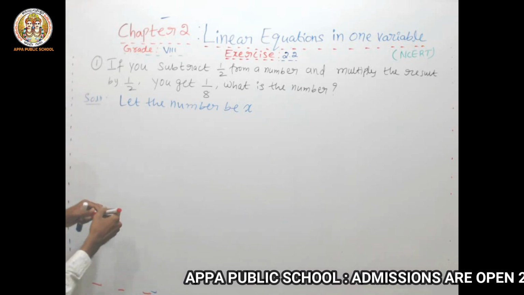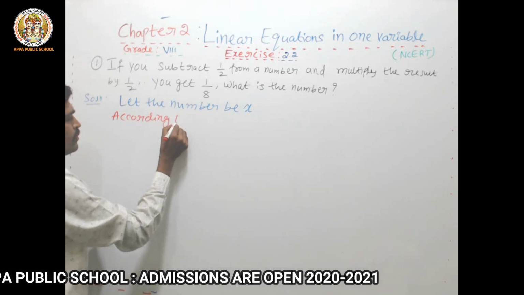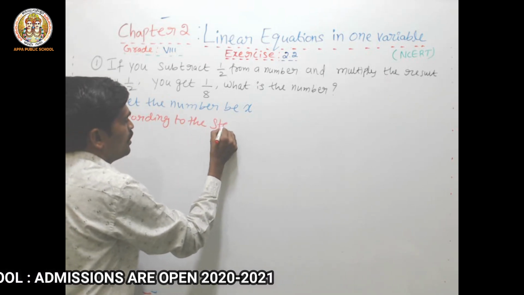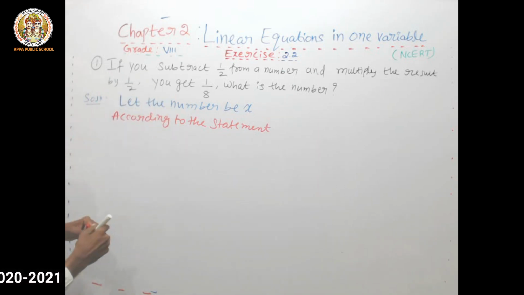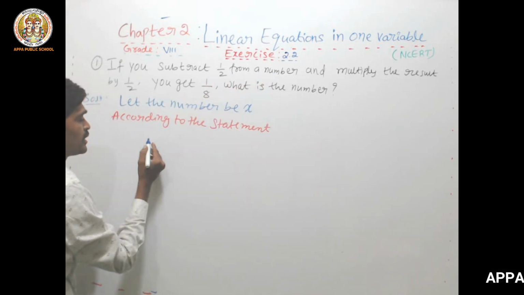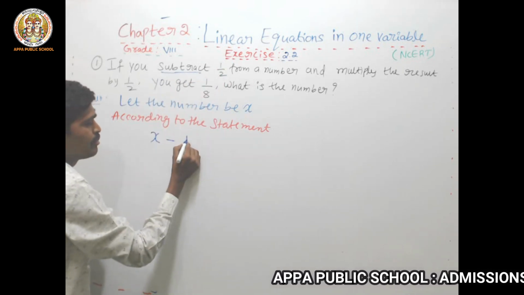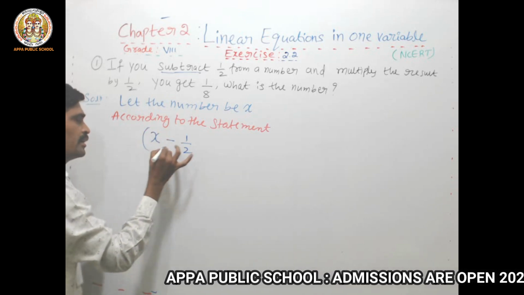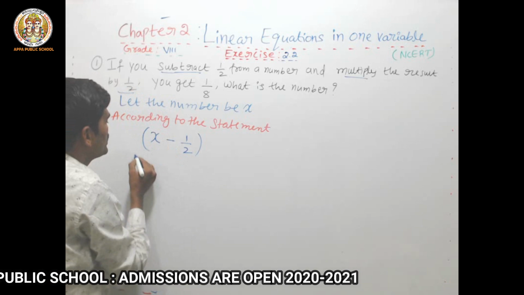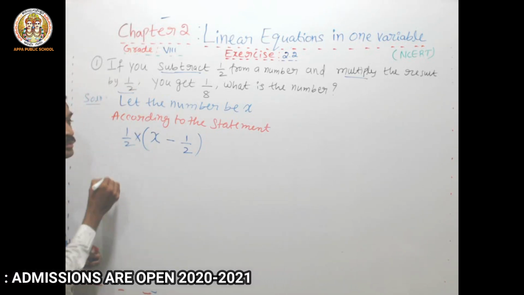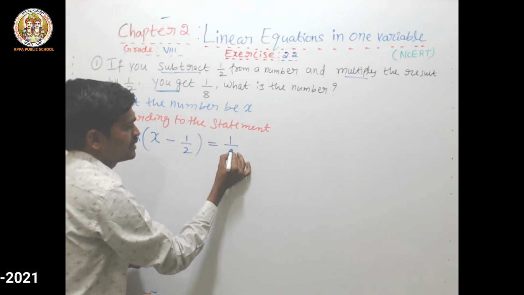According to the statement, a number x subtract 1 by 2 and multiply the result by 1 by 2, is equal to 1 by 8.